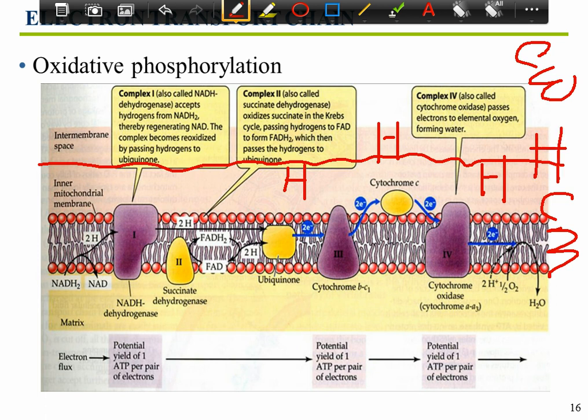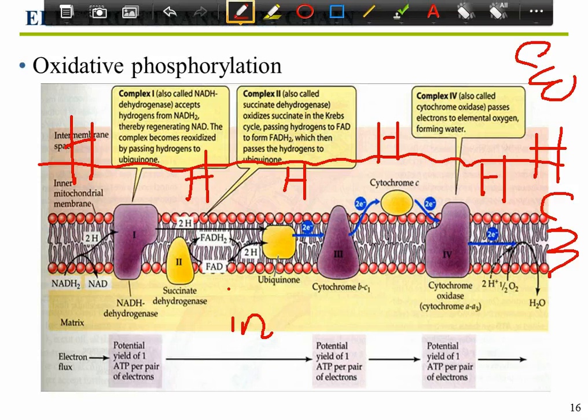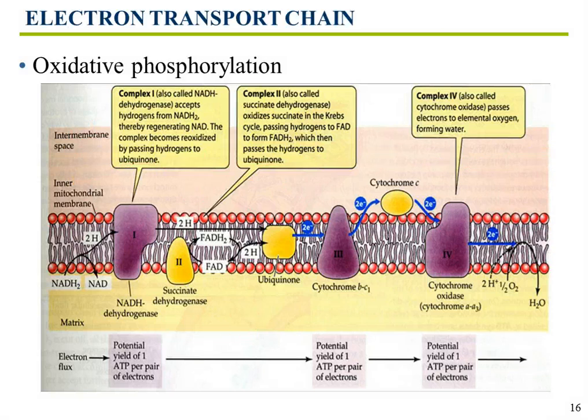I'm drawing hydrogens in case you haven't noticed that. So that means we have a huge amount of hydrogens between the cell wall and cell membrane, much greater than inside amounts of hydrogen. Let me show you this on a different picture.